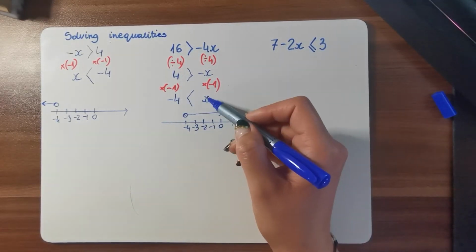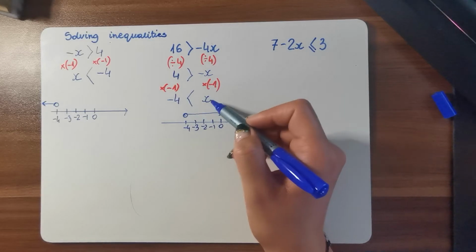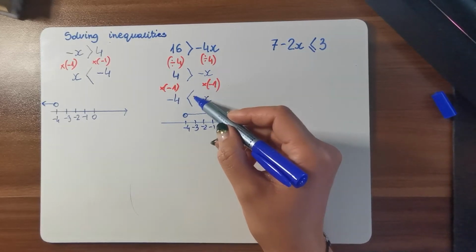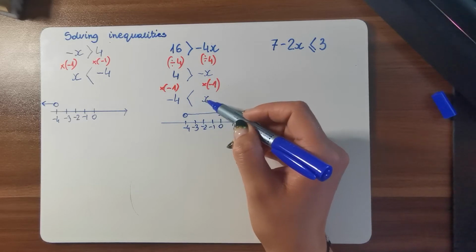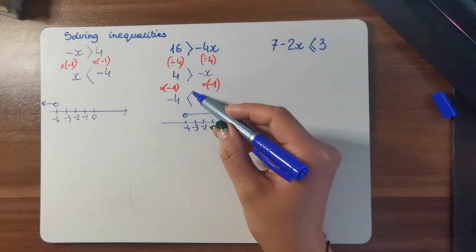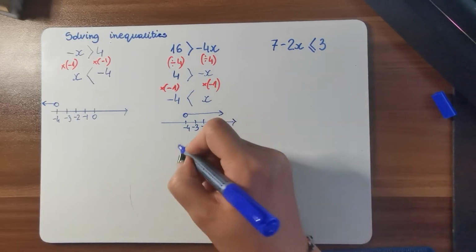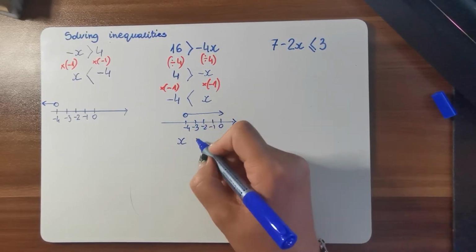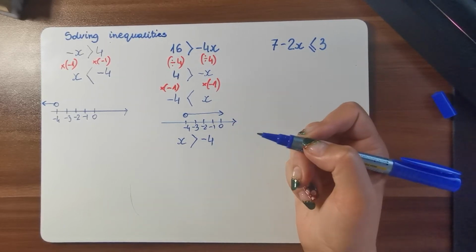Remember, if we have our variable on the right-hand side, we can swap those numbers, but we need to remember about the inequality sign. So we need to read this as x is larger than negative 4.